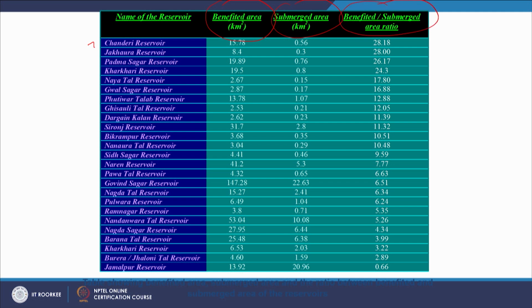Now, here, if I take the first reservoir, which is the Chanderi reservoir, the benefit versus submerged area ratio is 28.18.